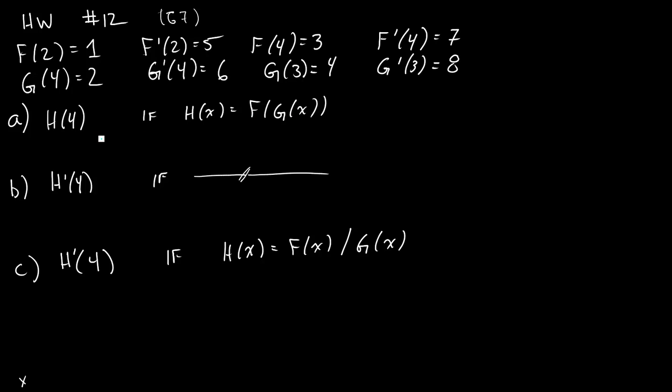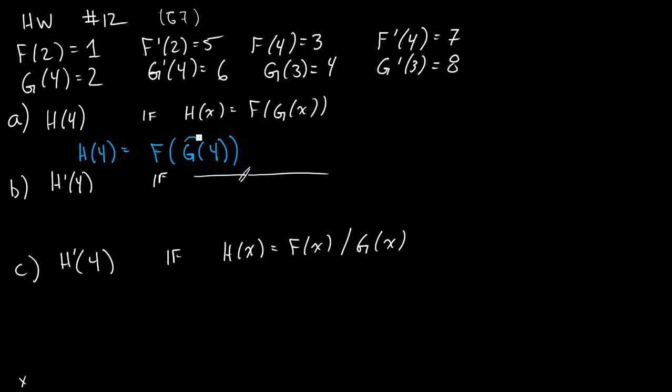The first thing it asks us to find is h of 4. Right? So to do that, we could just start by writing down what we know about h of 4. Well, h of 4 is equal to, like it says over here, f of g of 4. And this is actually just a chapter 1 problem. This is just a composition of functions problem, right?